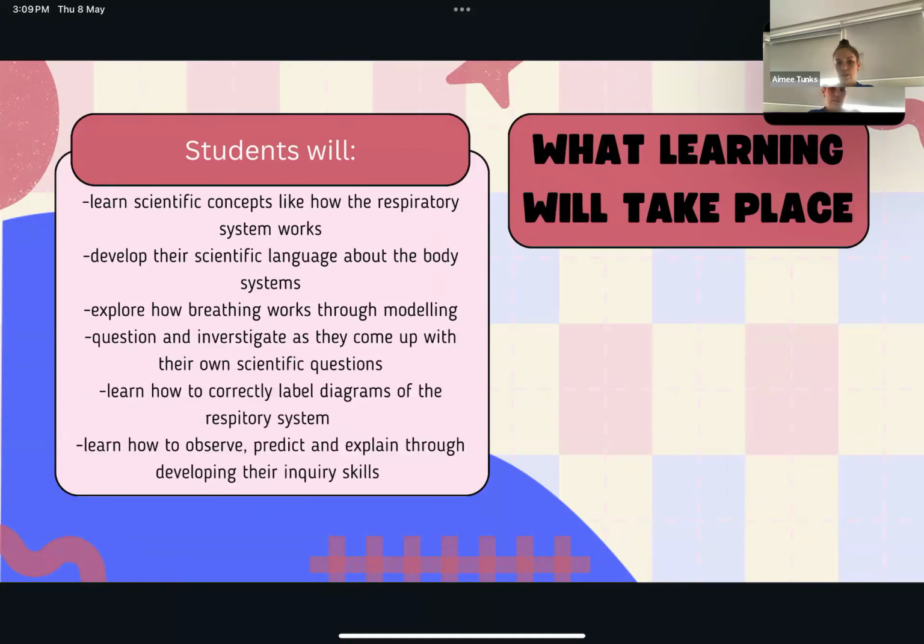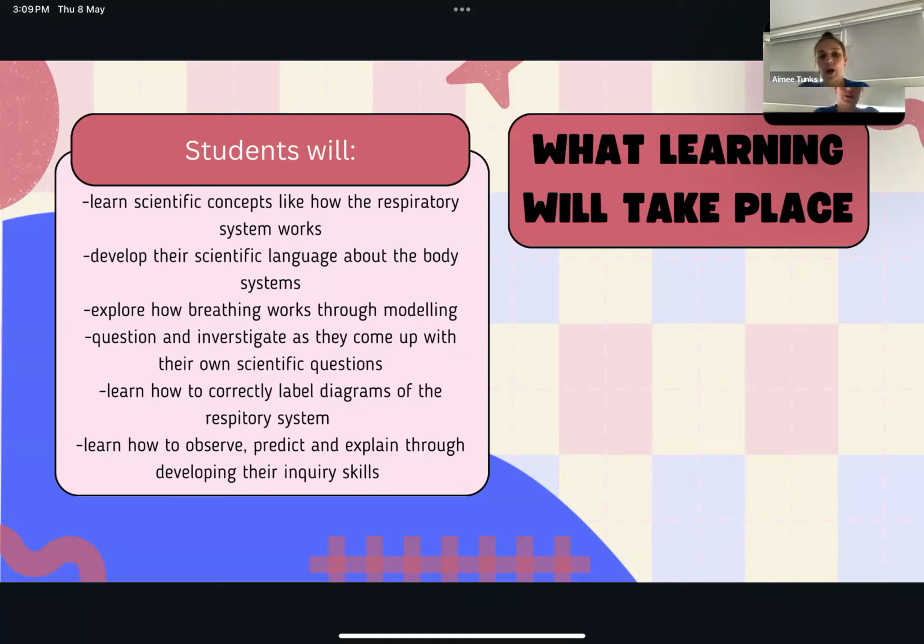What learning will take place? Students will learn specific concepts like how the respiratory system works. They will develop scientific language about the body systems, specifically like the trachea and the alveoli, instead of just generalized words.